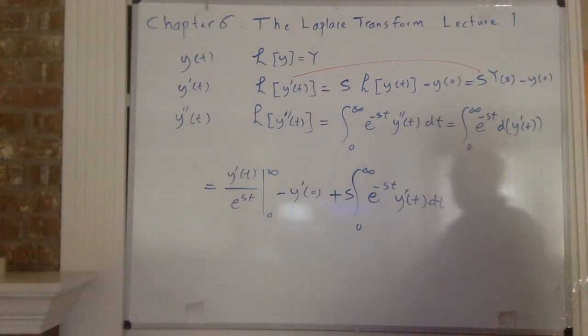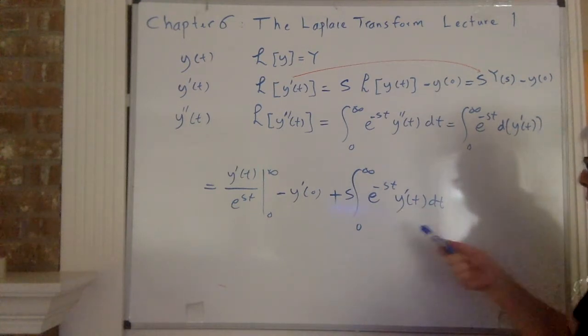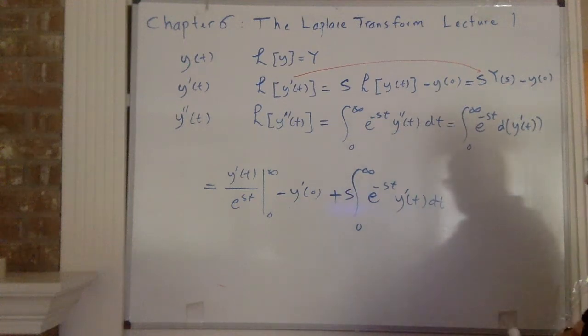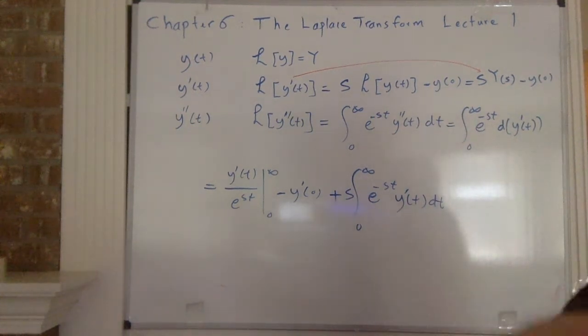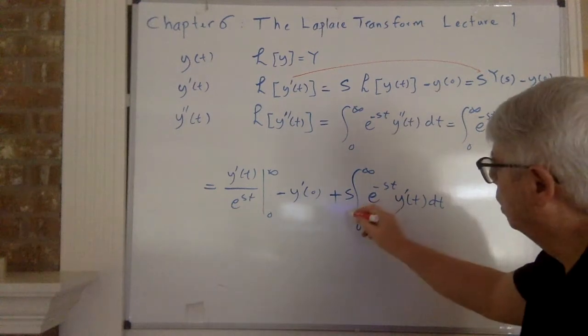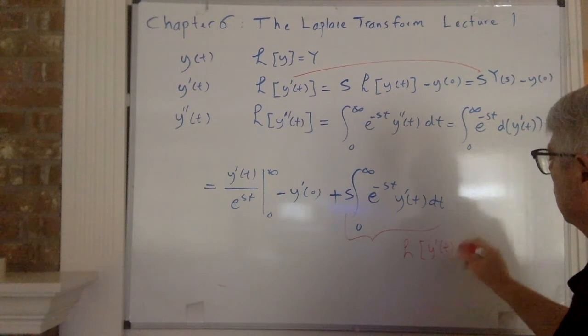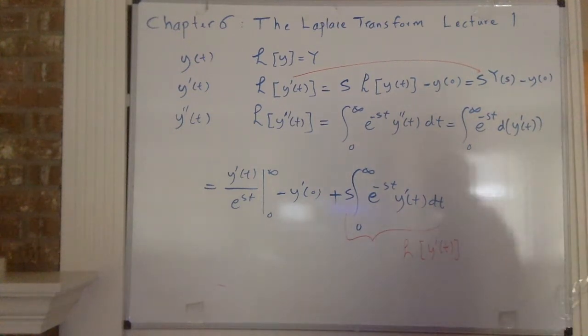Okay? So it is minus s, and so on, because that's the derivative of this. So what do I have here? What is this? This guy here is in fact the Laplace of y prime. That's the Laplace of y prime, right?